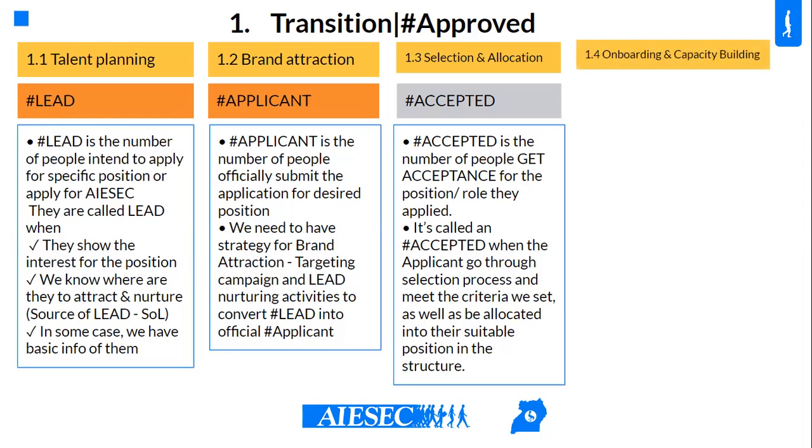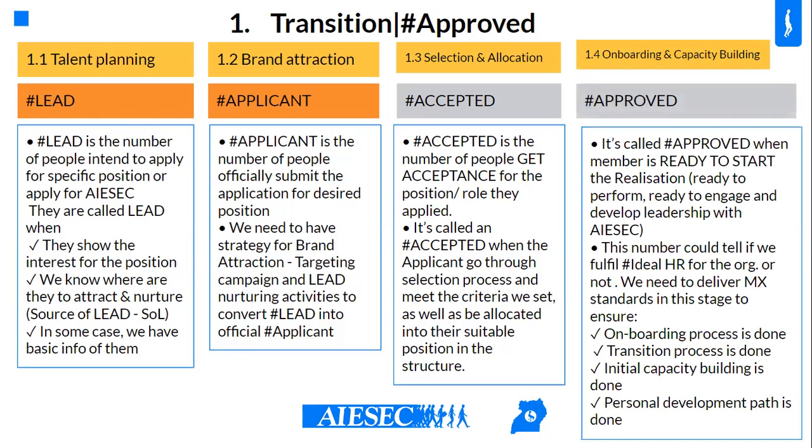Next, within transition, we have onboarding and capacity building. This is related to the approval in the MXP funnel. So what does it mean to be approved? Approval is when a member is ready to start the realization, right? In this case, we have onboarding done, transition done, initial capacity building done, and the personal development path done.